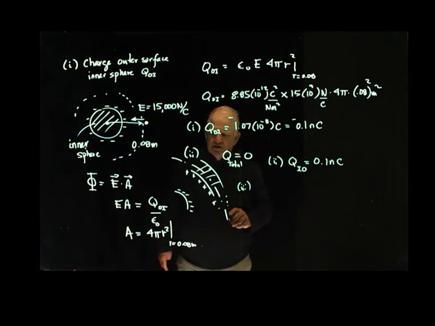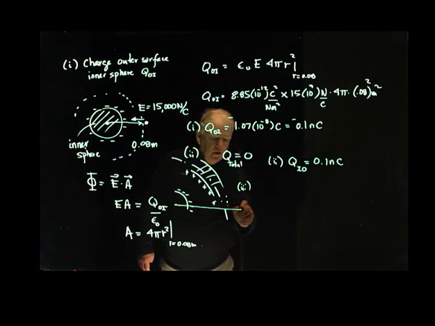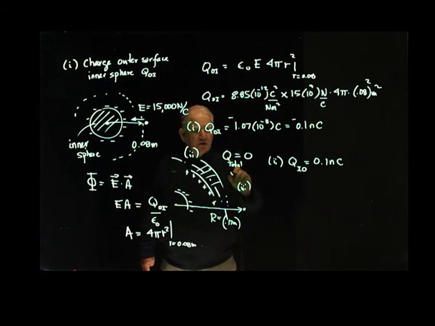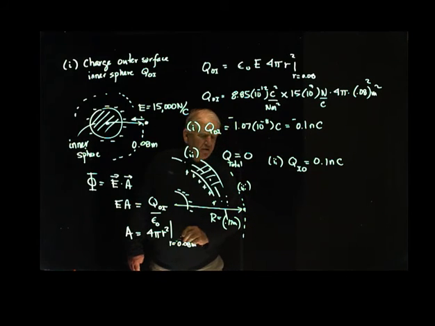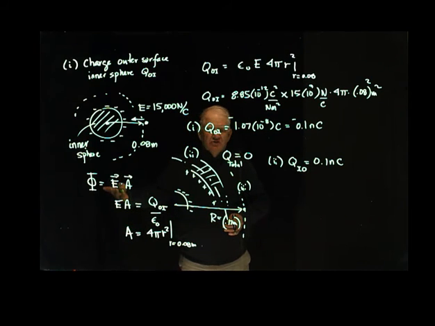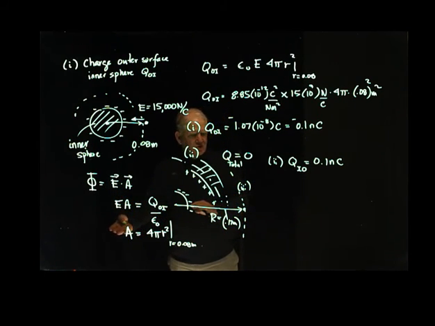This third problem says, let's move out here to R equals 17 centimeters, 0.17 meters. Let's do the same thing that we've done before. Let's draw yet another concentric Gaussian surface, concentric with every other sphere and every other Gaussian surface here. Let's make use of Gauss's law, which says the flux through the sphere is equal to the total charge enclosed.